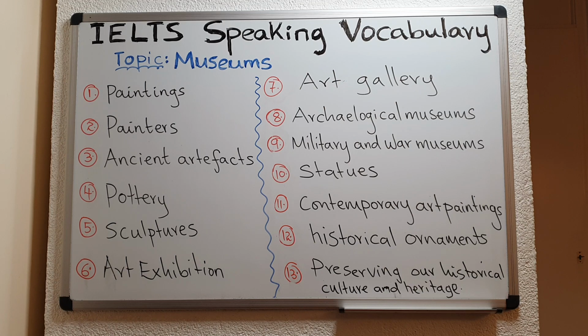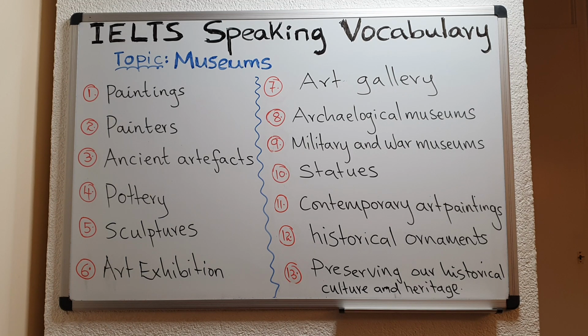So there is not much difference between an art exhibition and an art gallery, but an art gallery really is a room or building for the display or sale of works of art, okay?